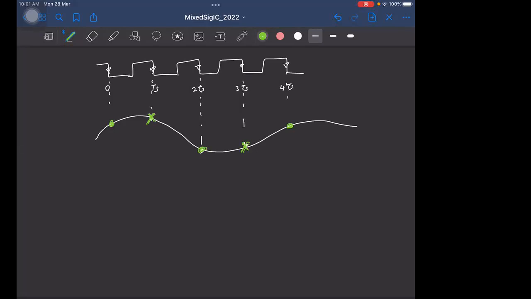So if you look at the clocks that are given to the two ADCs, how will they look? These should be the sampling instances for the first ADC. So the clock should have something like this.